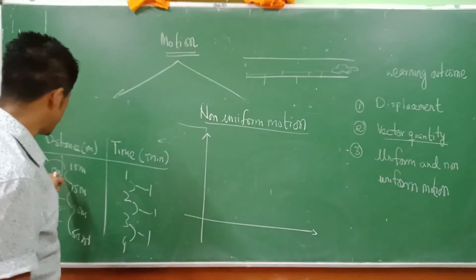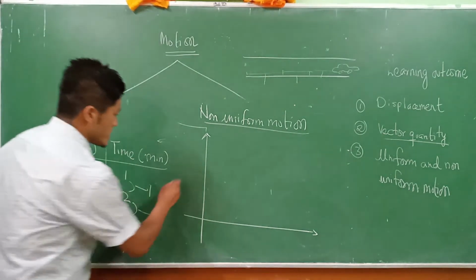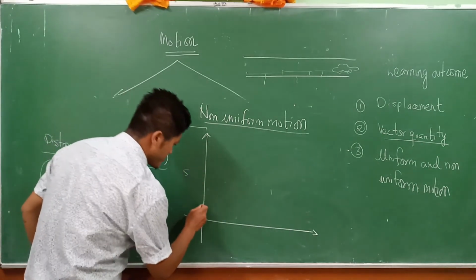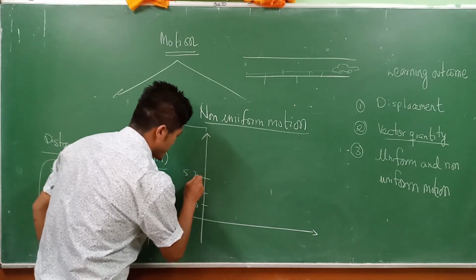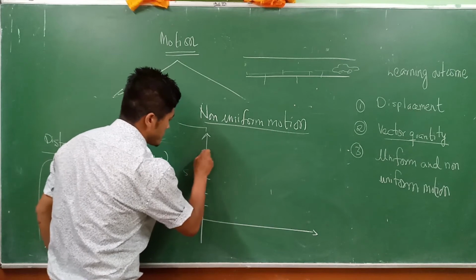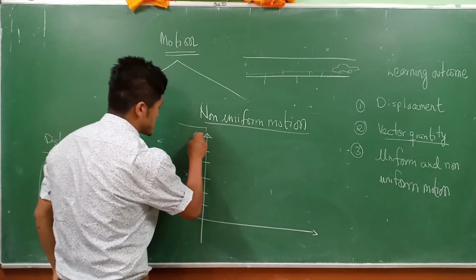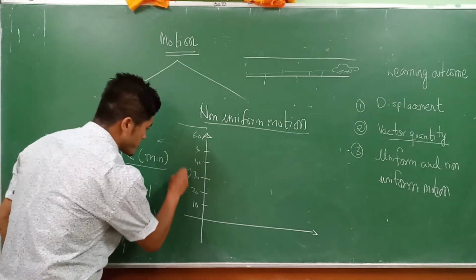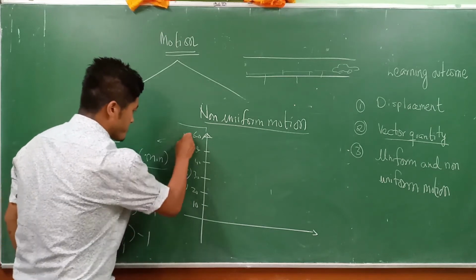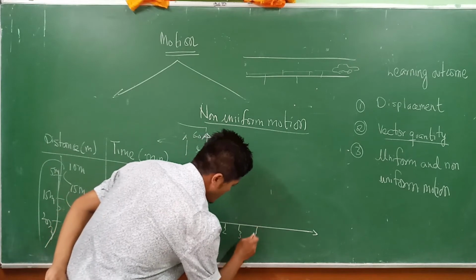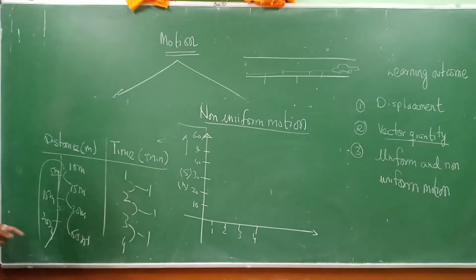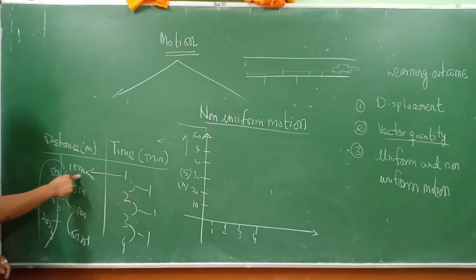let's say this is distance. We are going to measure in 10, 20, 30, 40, 50, and let's say this is 60. All of this should be in meter. And time is 1, 2, 3, and 4. So in 1 minute, this particular bike is traveling 10 meter.